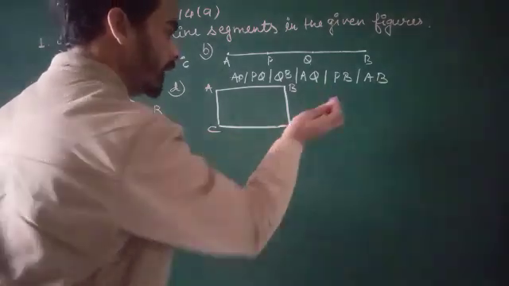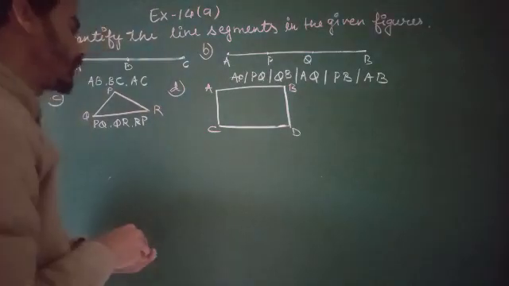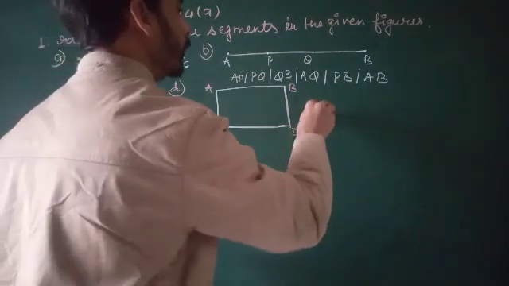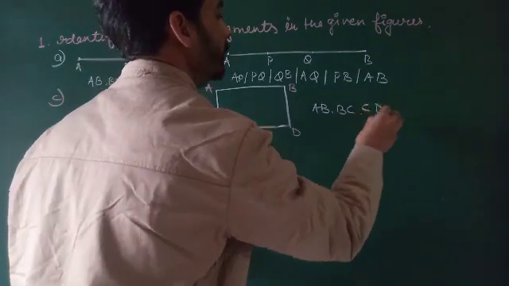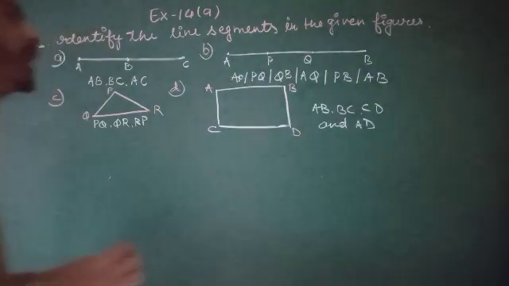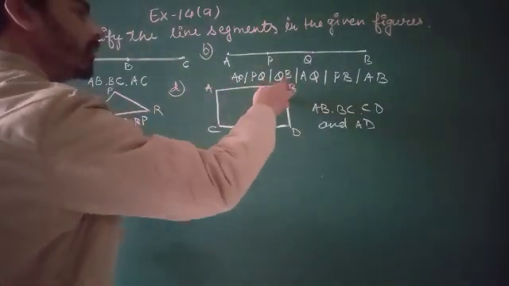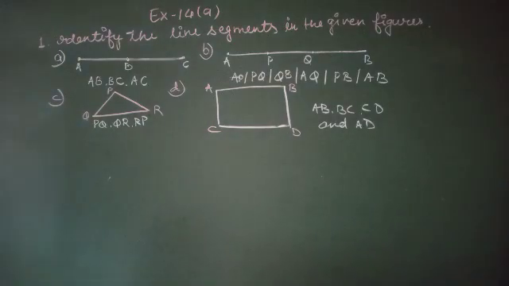The line segments are AB, BC, CD and AD. These are the line segments in a rectangle here.